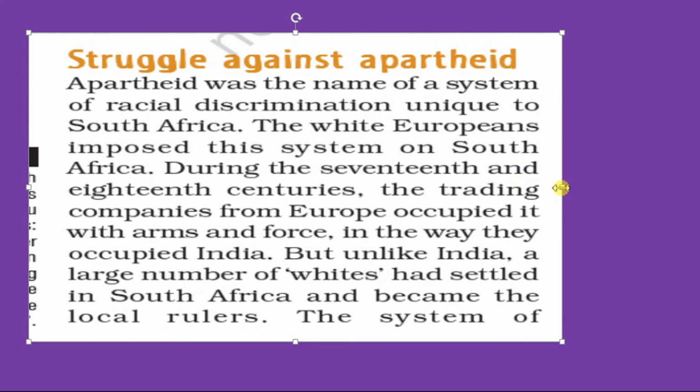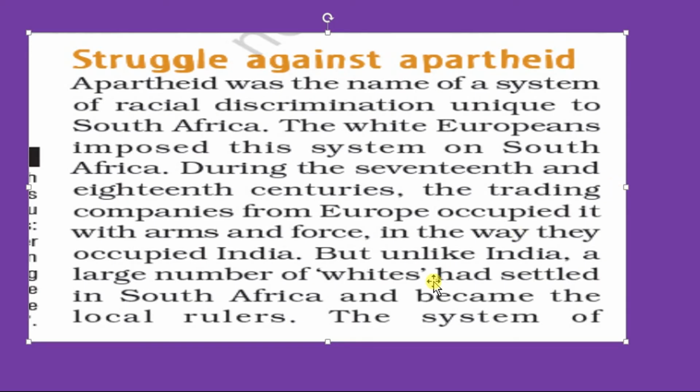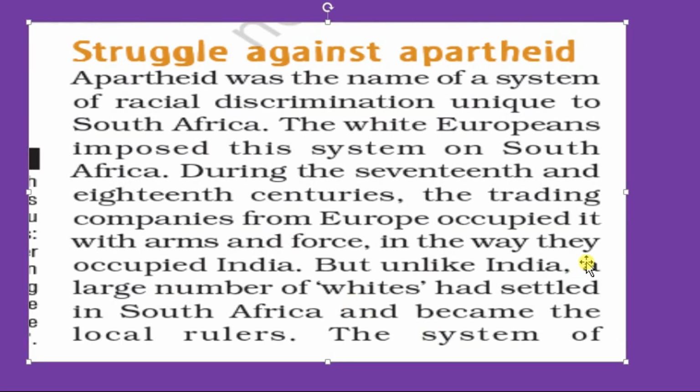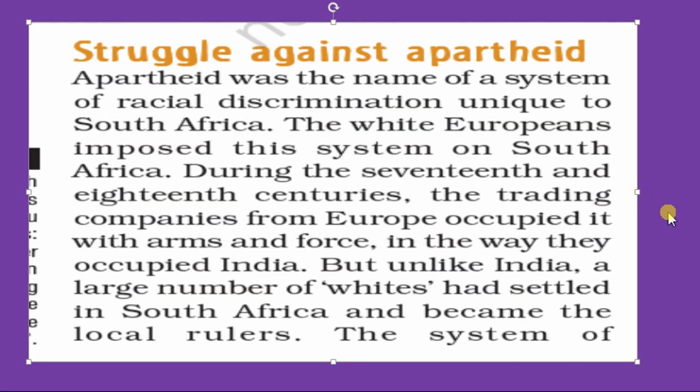Apartheid was the name of a system of racial discrimination unique to South Africa. The white Europeans imposed this system on South Africa during the 17th and 18th centuries.